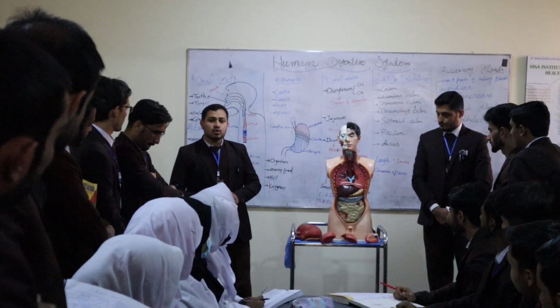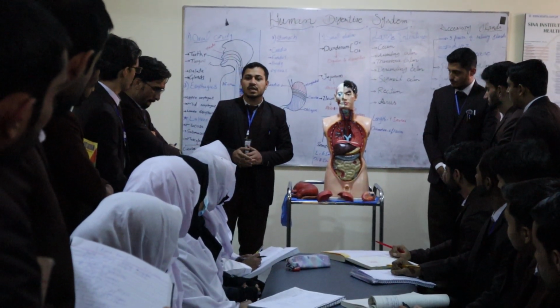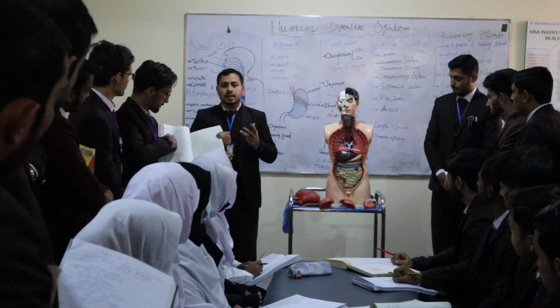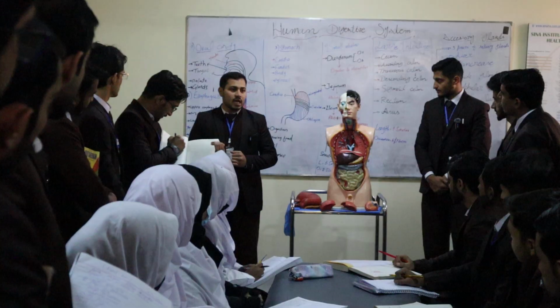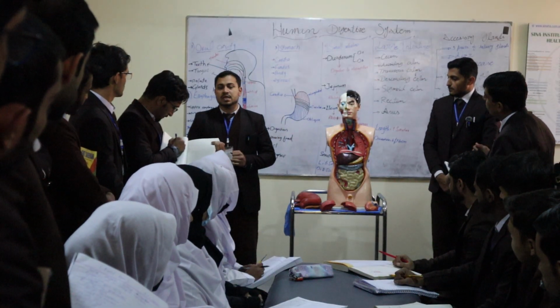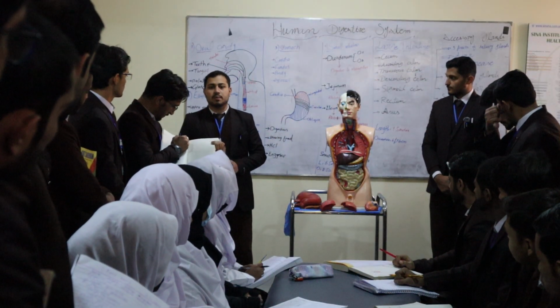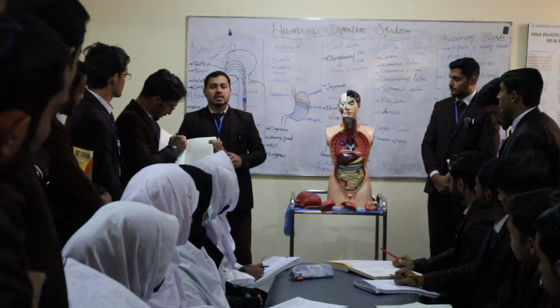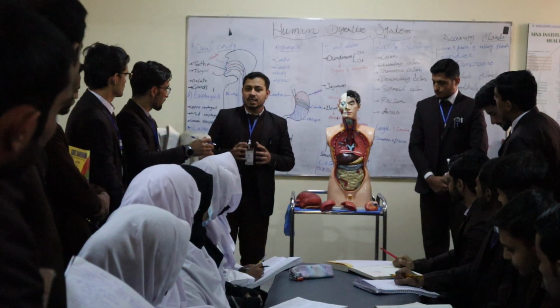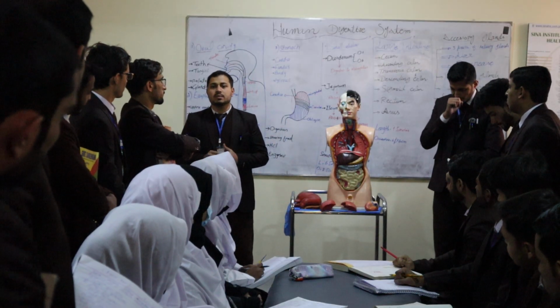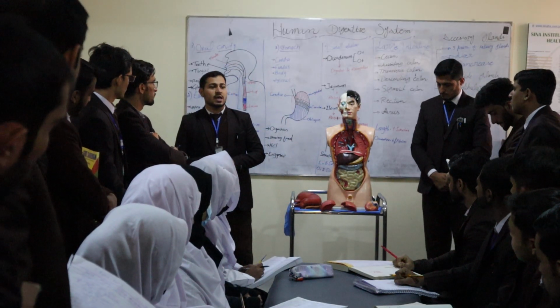Bile juice emulsifies fat, meaning it converts lipids into small droplets. Protease helps in the digestion of protein, lipase in the digestion of lipids, and amylase helps in the digestion of carbohydrates. So in the duodenum, these functions are performed.